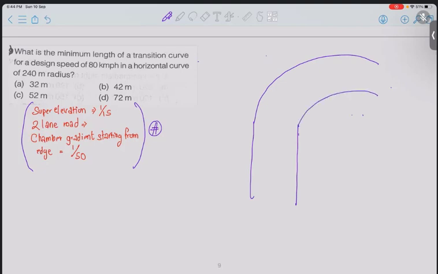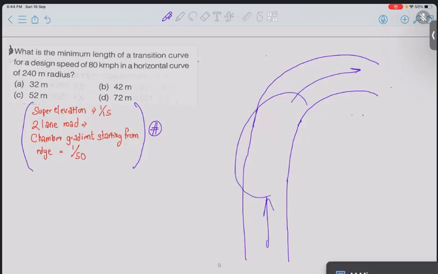What we do is we bend our straight road a little bit, so that there is a smooth transition between the straight line and our curve. That's why we do it. And why do we do that?